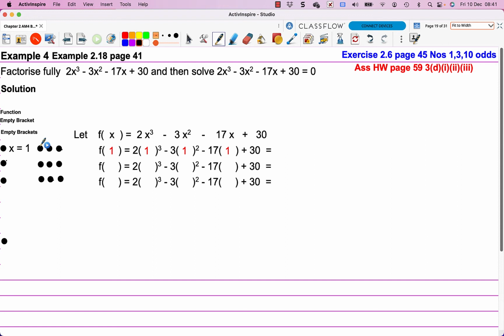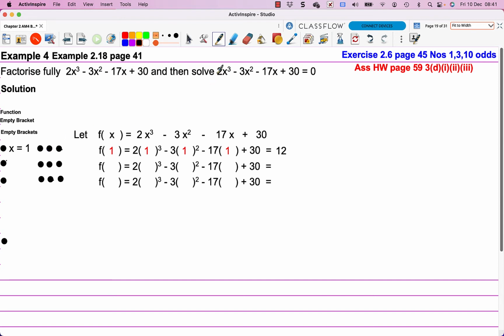We then reach for our calculators and type in 2 open bracket 1 close bracket cubed minus 3 open bracket 1 close bracket squared minus 17 open bracket 1 close bracket plus 30. When we've done that, we get a result, and the result is 12.